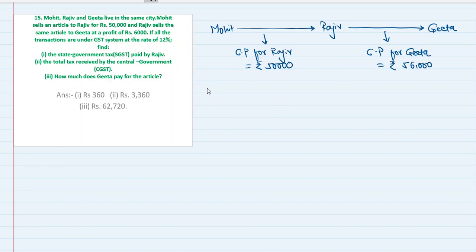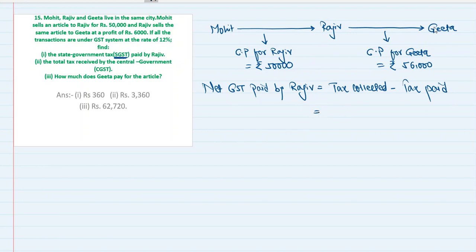Okay, so net GST paid by Rajiv is equal to tax collected minus tax paid. If you want to find SGST, that means that will come from the net GST which is paid by Rajiv. That is tax collected minus tax paid, or GST collected minus GST paid.